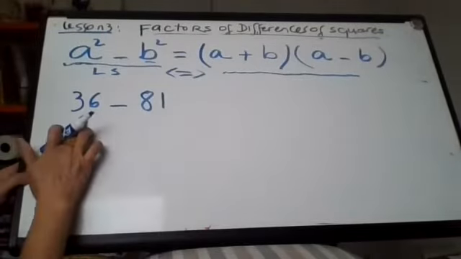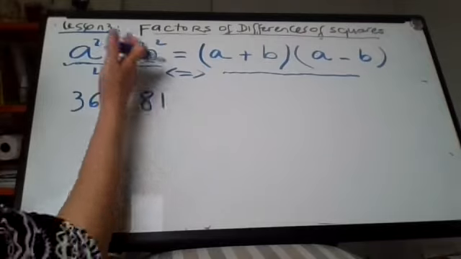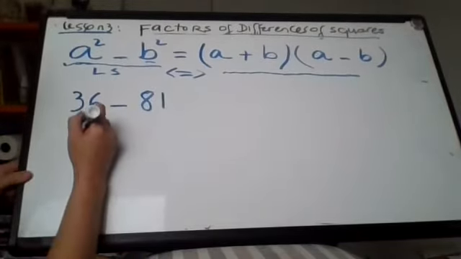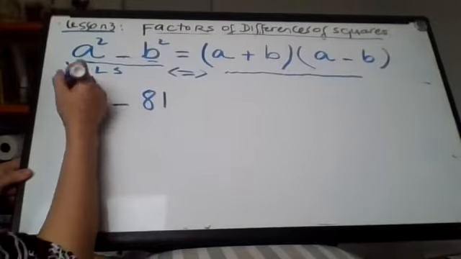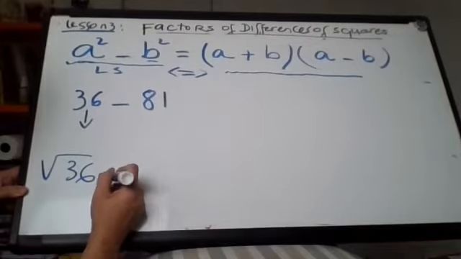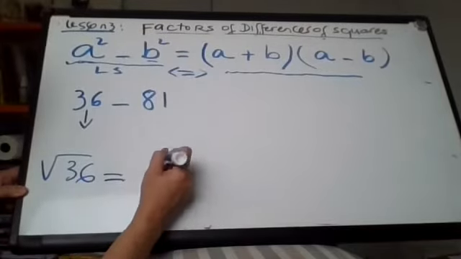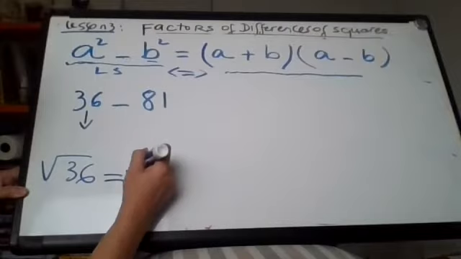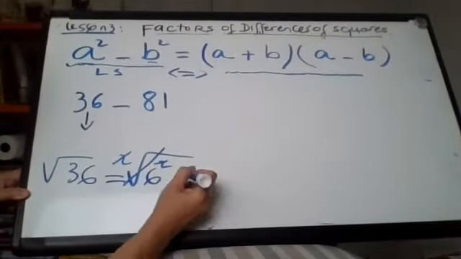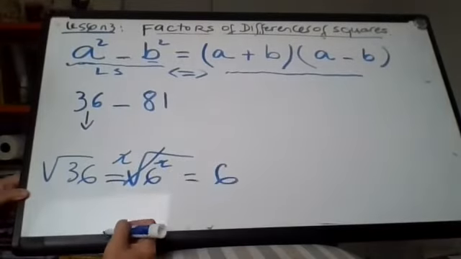Now if I see 36 minus 81, I don't see where the a squared and the b squared are. To find out, I take the square root of 36 so that I can go back to the base, which is 6 squared equals 36. I cancel the power with the root, and I know the base has to be 6.